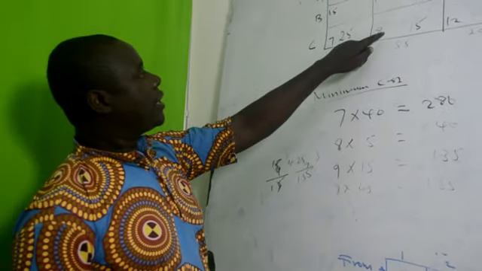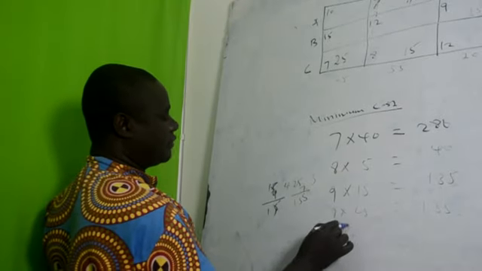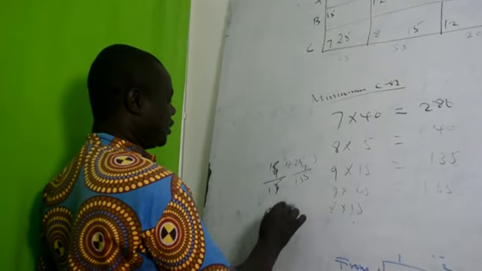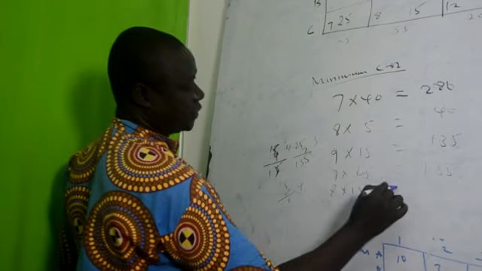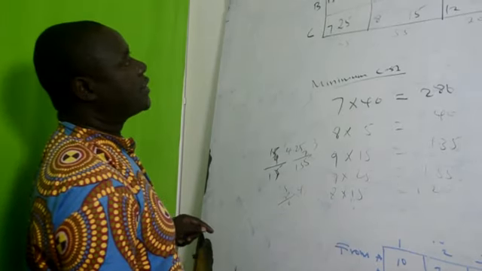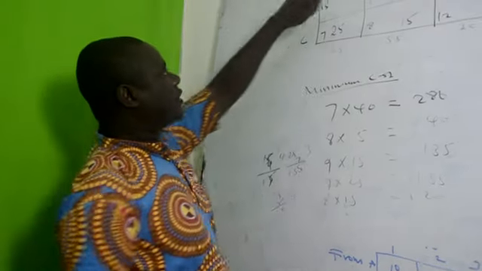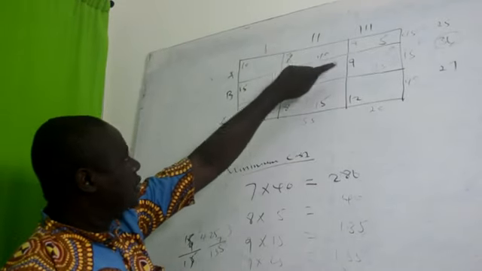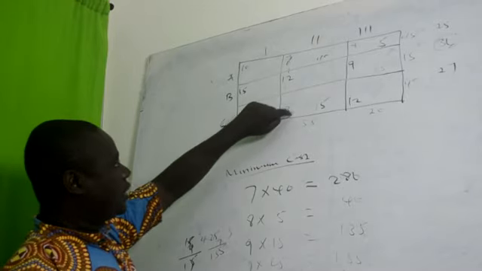Then we had 8 times 15. 15 times 8 is 120. So we have 7 times 40, 8 times 5, 9 times 15, 7 times 25, and 8 times 15.